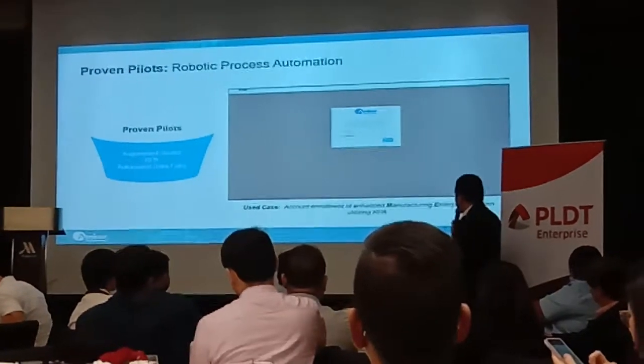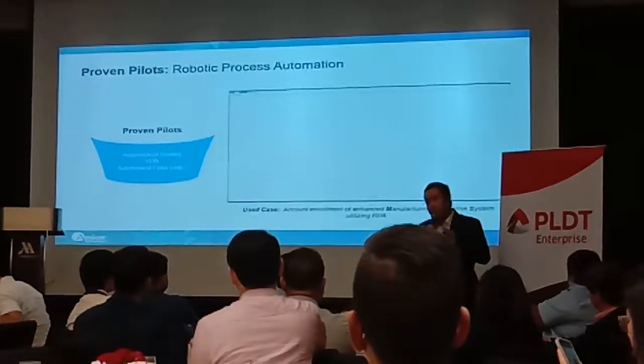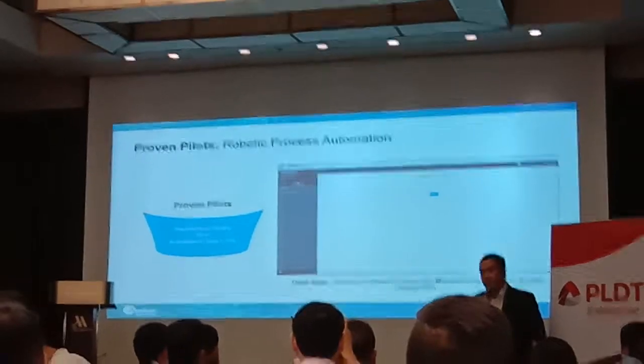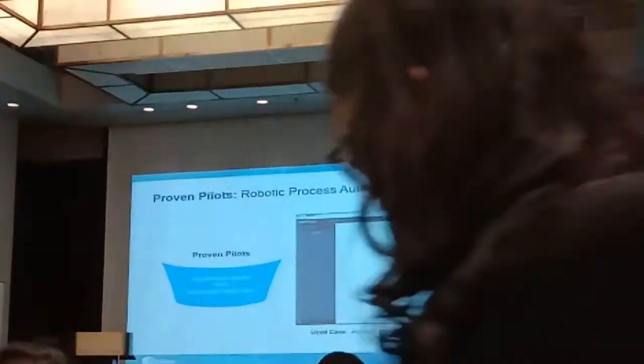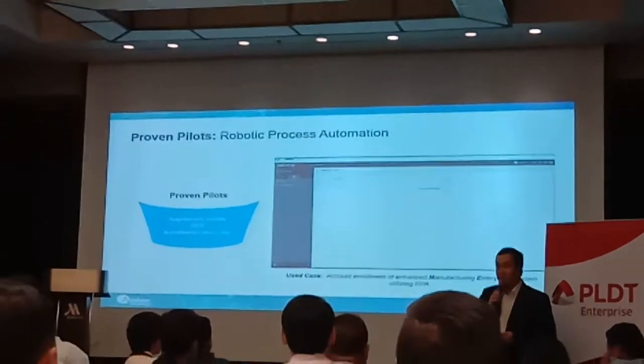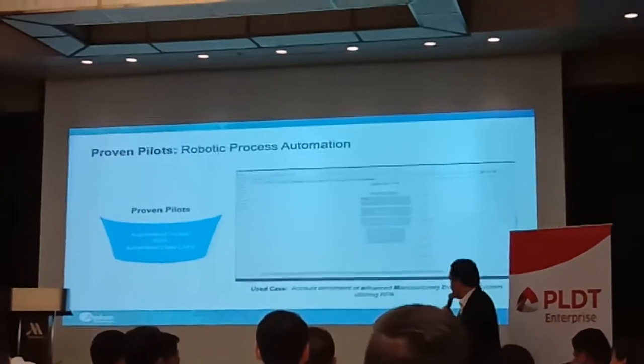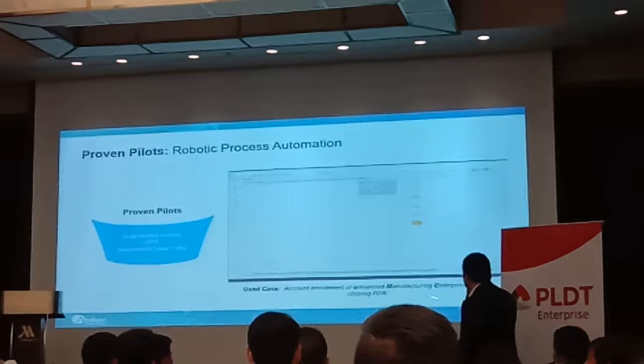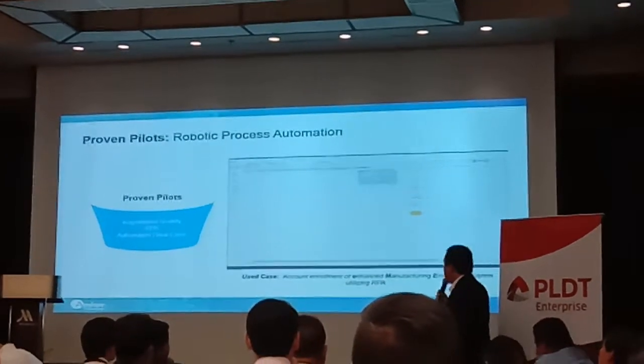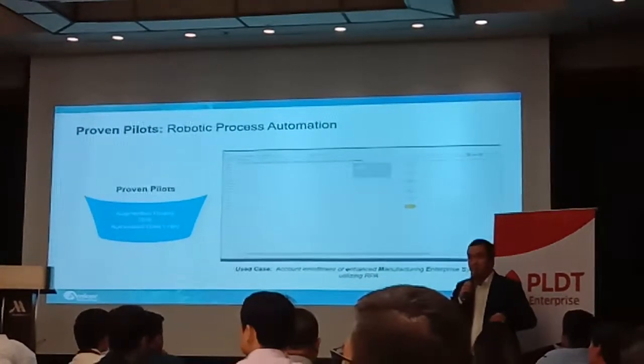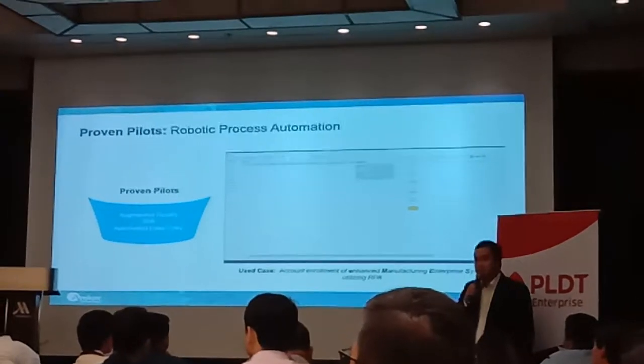Robotic process automation is doing that. The good thing about this is it does not complain. It is running 24/7, and it does not charge overtime, correct? So we have 4 robots running now. For this one, it's a real production robot running in our factory, doing those automated steps.